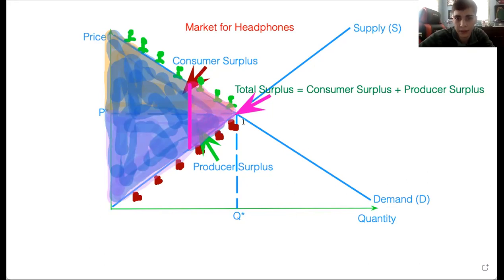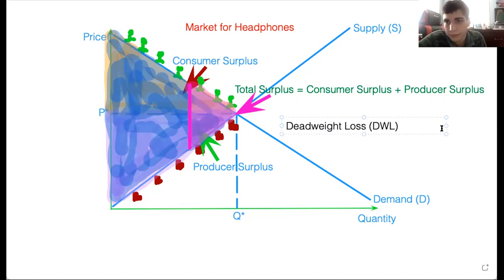Let me change the color on this. Here, we'll just make it white or black. Deadweight loss, or DW, which they might use if they use abbreviations.